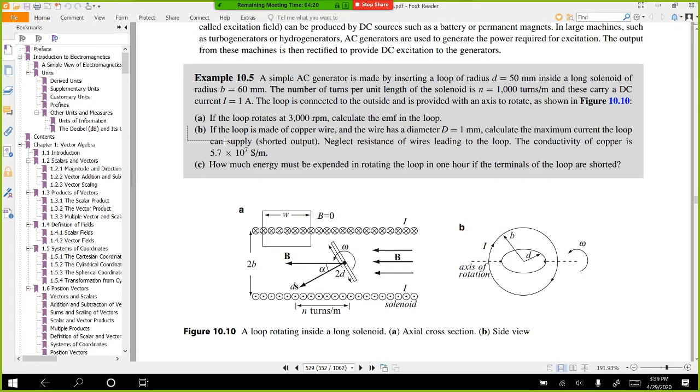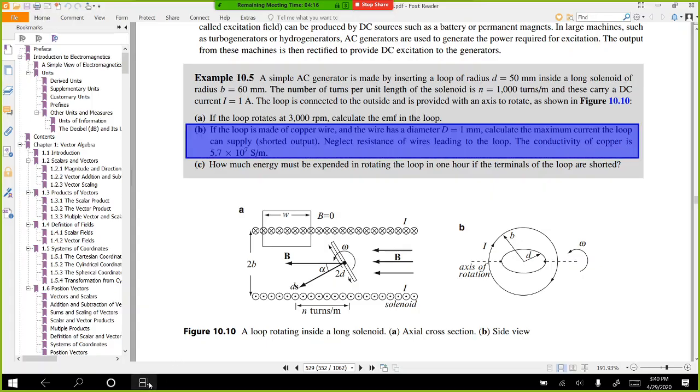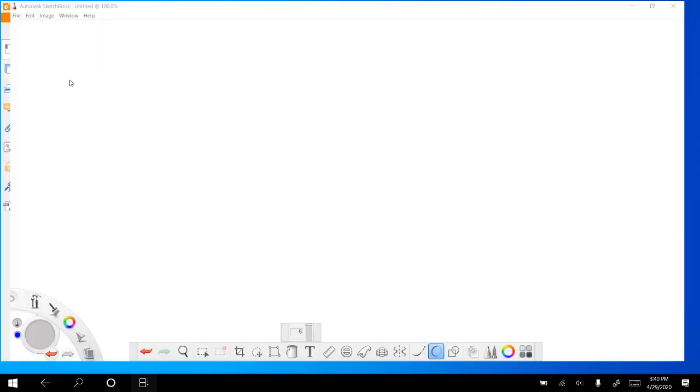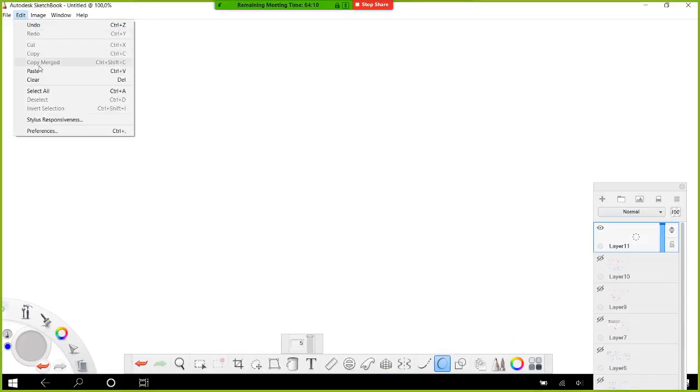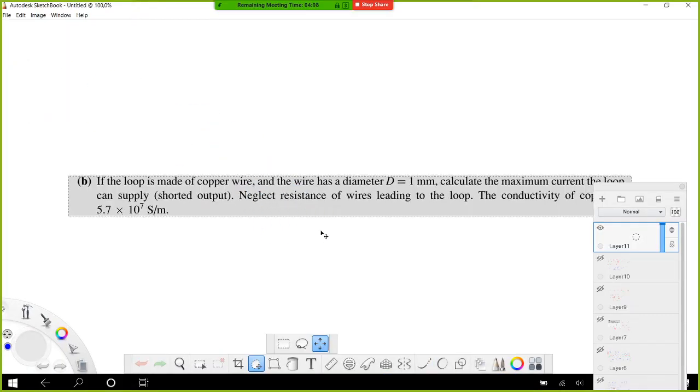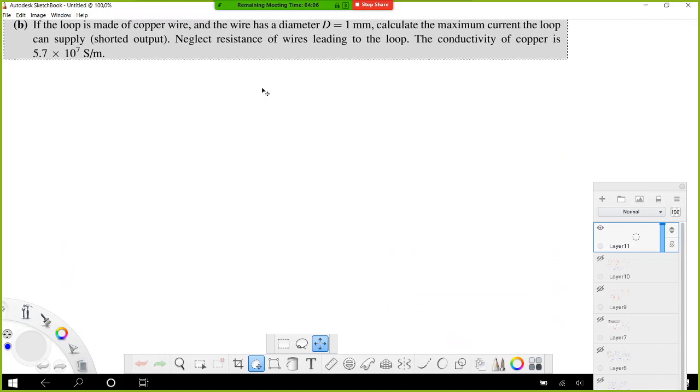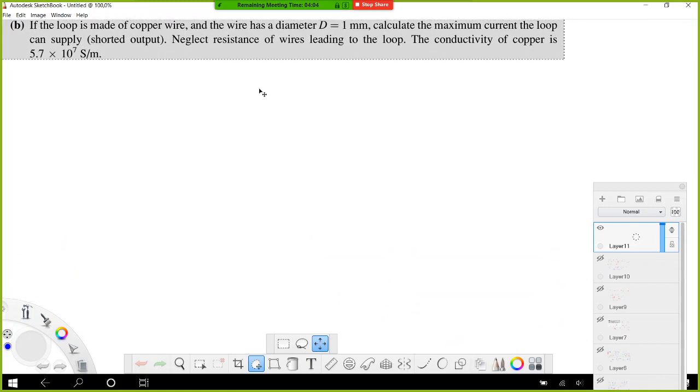So, second part of our problem. If the loop is made of copper wire and the wire has a diameter of 1 millimeter, calculate the maximum current the loop can supply, shorts output. Neglect resistance of wires leading to the loop.